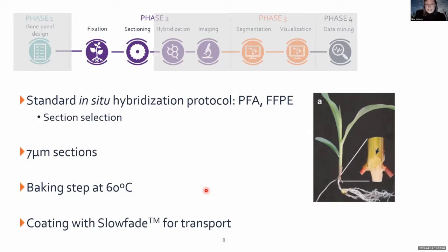We now apply it as standard, and because we ship the slides back to the provider, we also coat it with SlowFade.